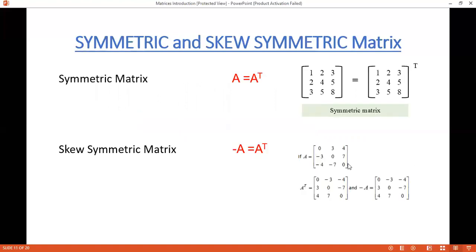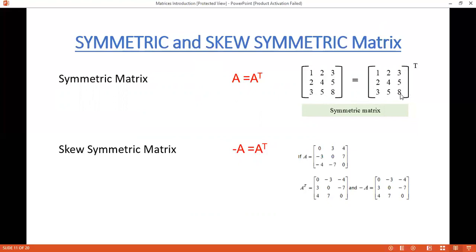Now symmetric and skew symmetric. Symmetric means the elements must be the same. For example, if I have a matrix A, then its transpose must be equal to that matrix. For example, I have a matrix 1, 2, 3, 2, 4, 5, 3, 5, 8.